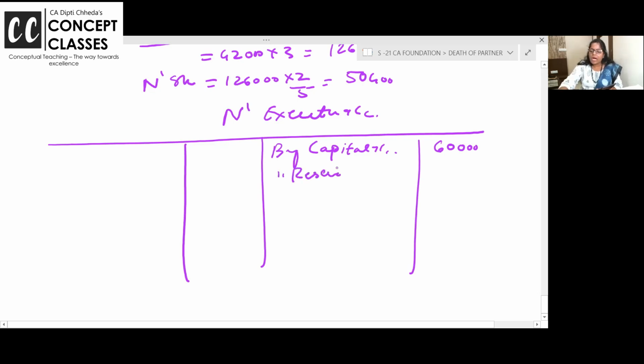Reserves. How much is reserves? 30,000 into 2 by 5. Give the reserves. Now give P&L adjustment. Working note 1. His share of profit. Now give goodwill. Goodwill was 50,400.